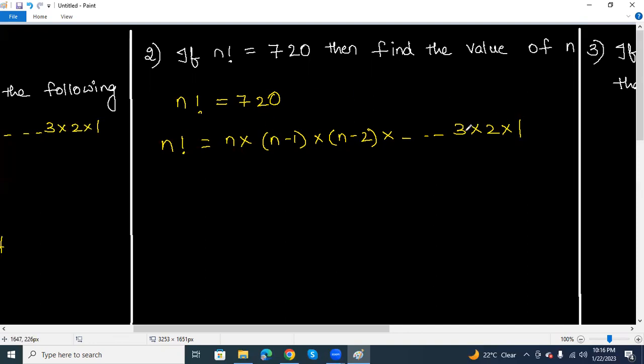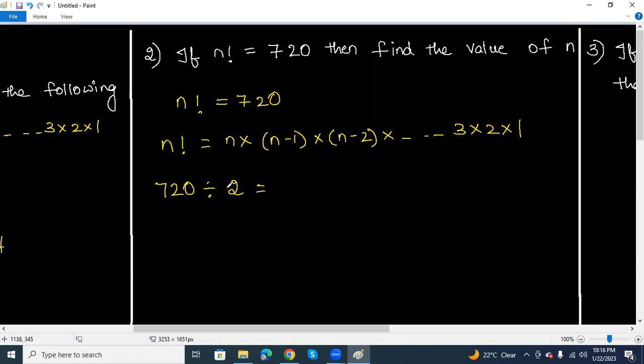So we need to find out which factorial it is. First we will take the least digit in these numbers and divide. So for 720, we take the least digit here. Any number divided by 1 gives the same quotient. So the next least digit is 2. We take 2 and divide 720.